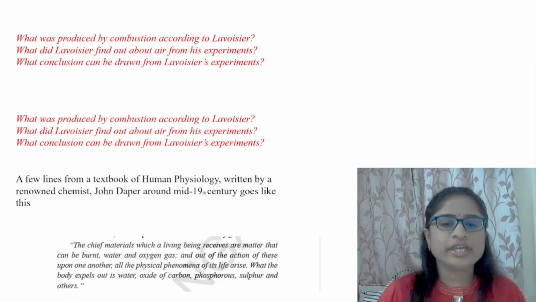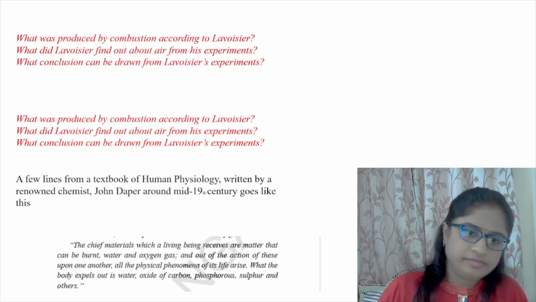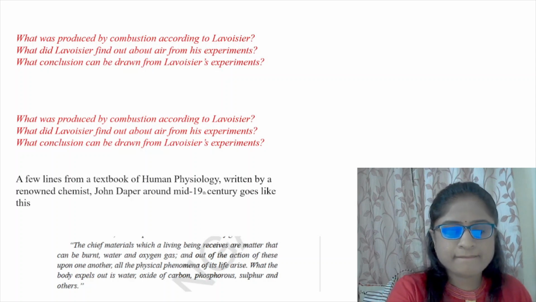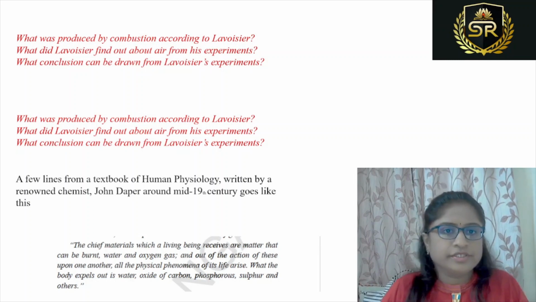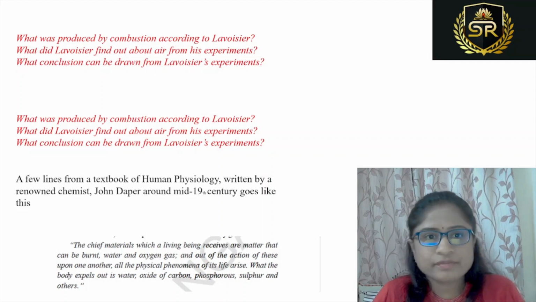And what conclusion can be drawn from the Lavoisier experiments? When we go through the history, from his experiments he found out which gas is necessary and what was produced by combustion.